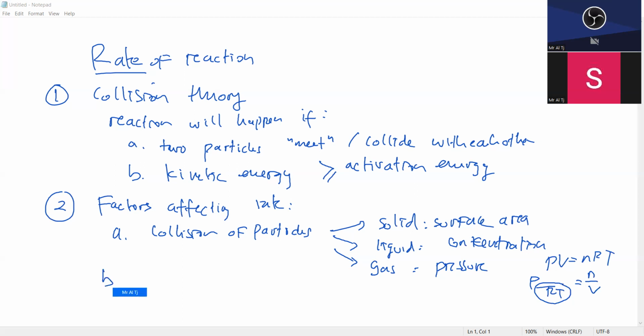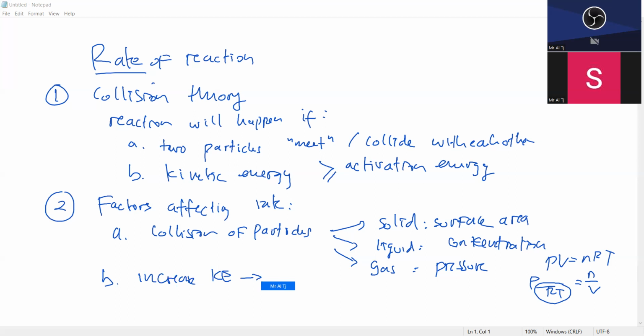The second part of the collision theory is about the minimum level, kinetic energy versus activation energy. So how can we change the rate of reaction? If we want to increase the rate, we can first increase kinetic energy or decrease activation energy. So assuming that we're talking here about increasing kinetic energy, how?